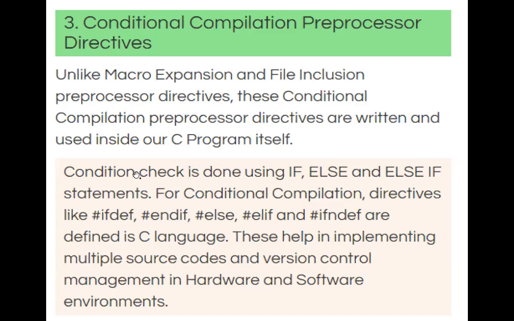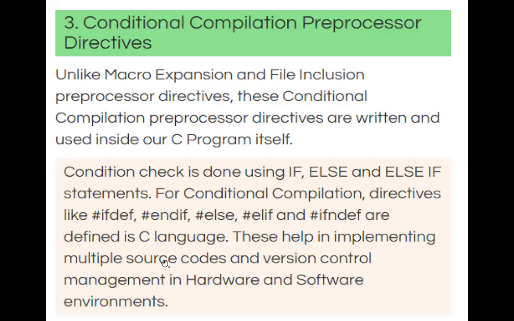This conditional compilation is done by using these directives: #ifdef, #endif, #else, #elif. That is, this can be used just like your if else statements. If you want to check something frequently in your program, you can write this at the starting of the program.